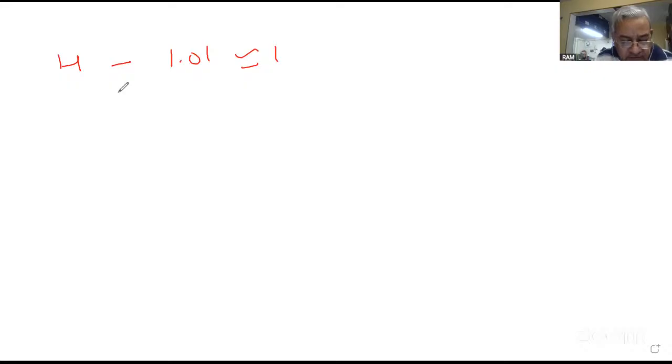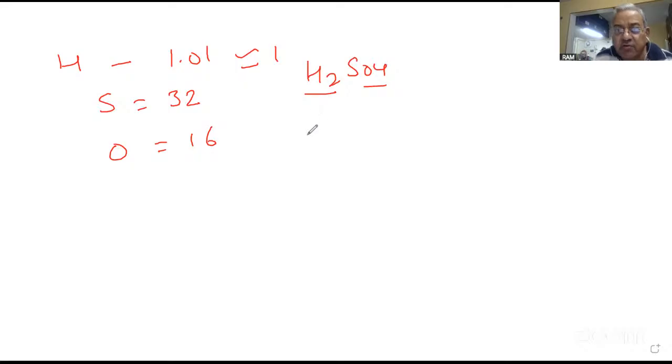Hydrogen we can take it, right? And sulfur can be taken as 32 also, a whole number. And oxygen can be taken as 16 also. So H2SO4, now you can write down. I have given all these three. Now you solve how much it will come.